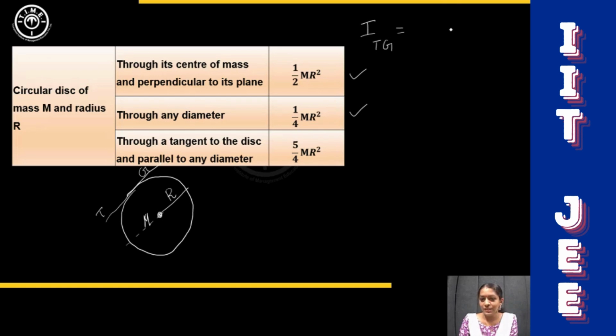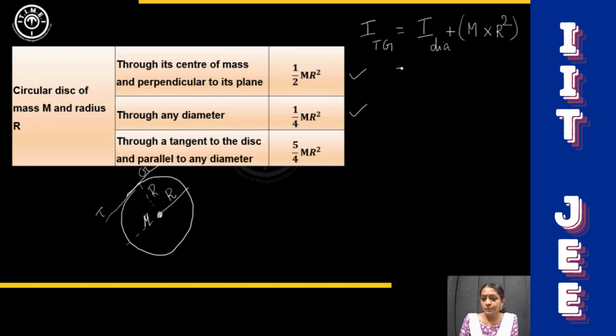According to the theorem, this is given by the sum of moment of inertia of the disk about the diameter axis and product of mass of the disk and square of distance between the two axes. See here also the distance between the two axes is nothing but the radius of the disk, right? Yes.